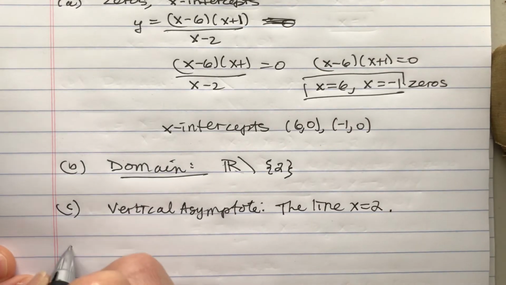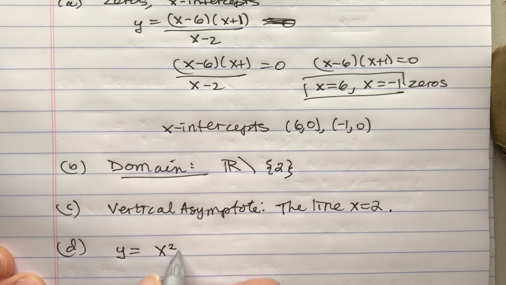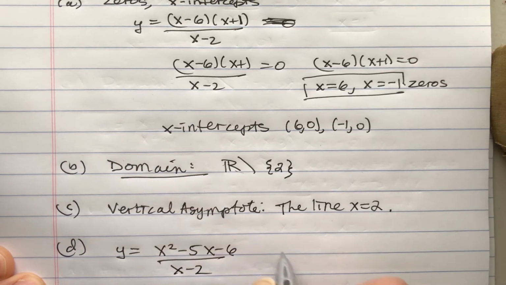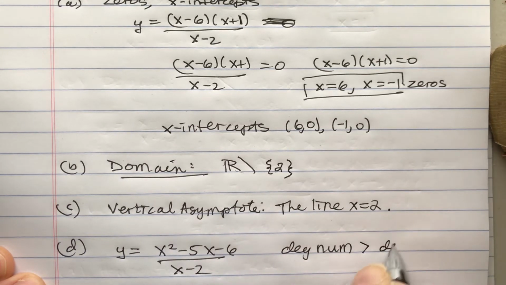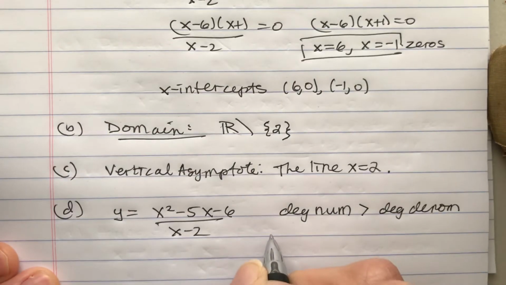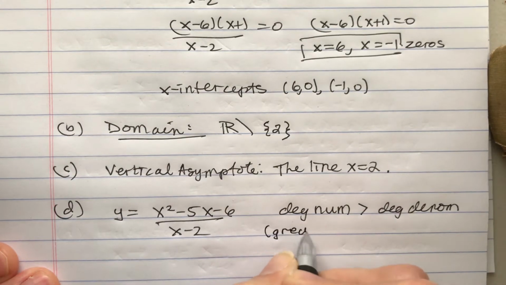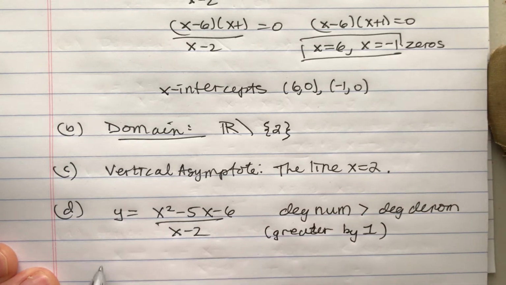Okay, now, for y equals x squared minus 5x minus 6 over x minus 2, the degree of the numerator is greater than the degree of the denominator, just greater by 1.